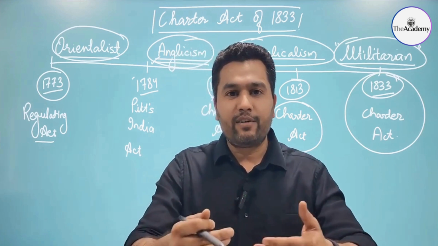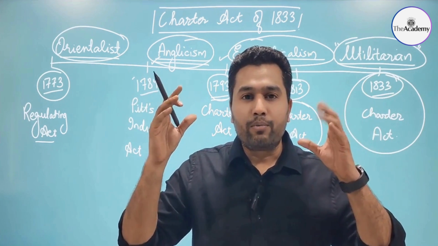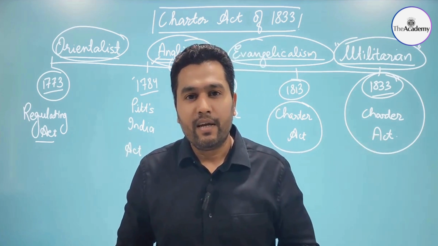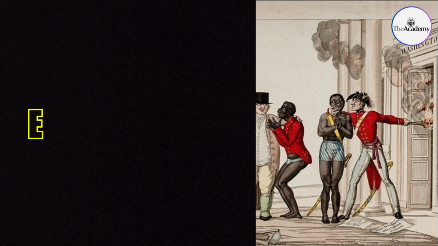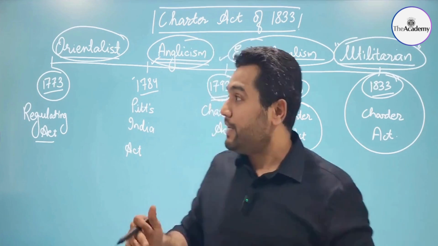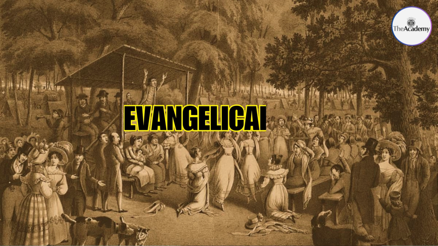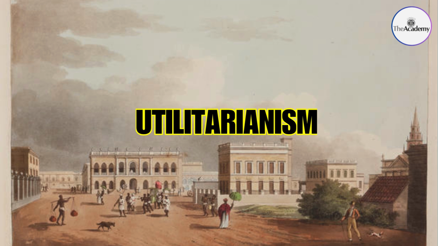So prior to the Charter Act of 1813, the British wanted to project themselves as emancipators, as missionaries with a mission to emancipate Indians. So we see there was an intermixture of Anglicism and evangelicalism, and then ultimately utilitarianism.